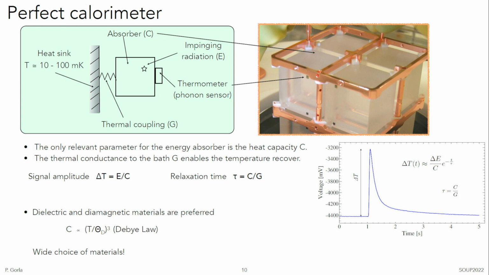This means that this kind of detector cannot be used for observing any kind of process which has a high rate. So basically, rare events are the target of this kind of detector. This is kind of extreme, of course. If you use a much smaller absorber mass, C becomes extremely small, and playing with C and G, you can get a much faster decay time, but still in the range of tens of milliseconds.